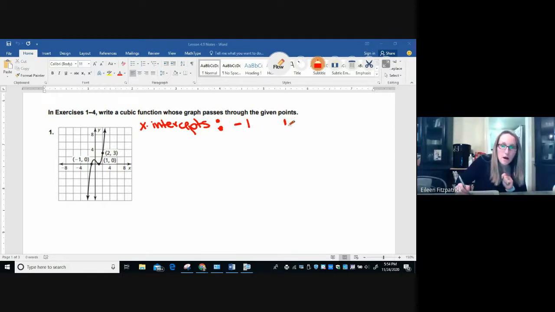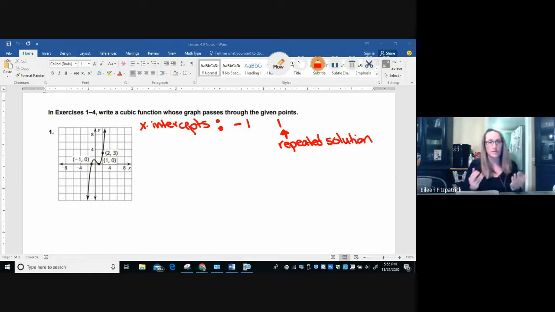The positive one, because I just touched it, tells me that it's a repeated solution. It tells me that in factored form, the factor has an even degree, such as a 2 or a 4, depending on the degree of this function. It says it's cubic, right? Write a cubic function. So I should have 3 factors. It should have a degree of 3 when it's in expanded standard notation, okay?